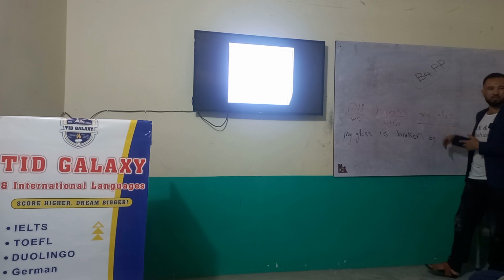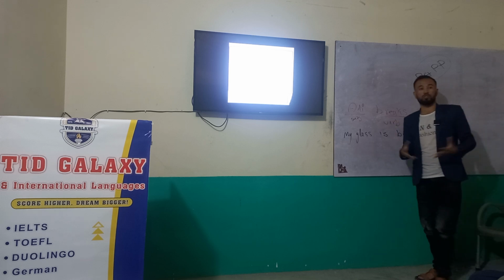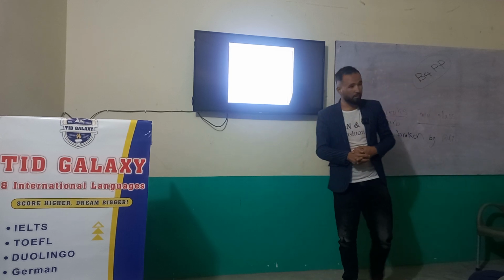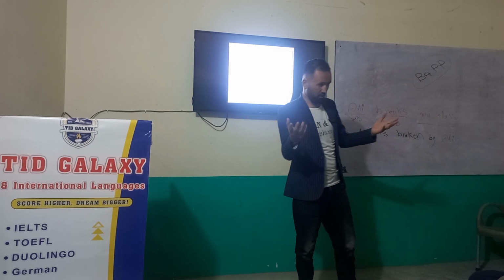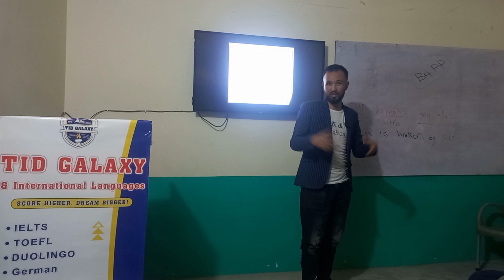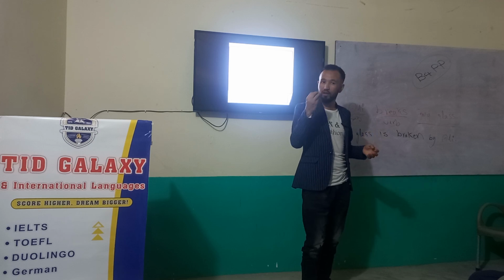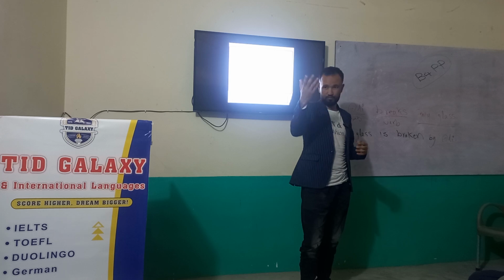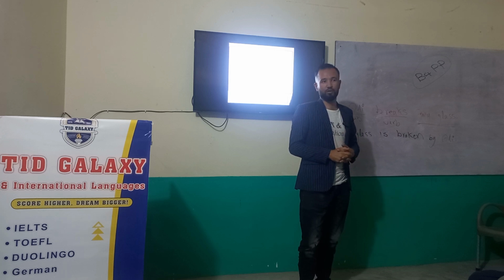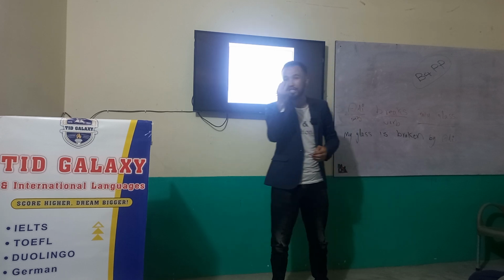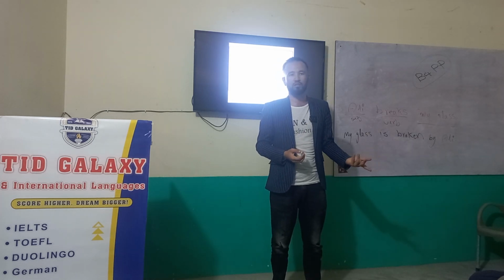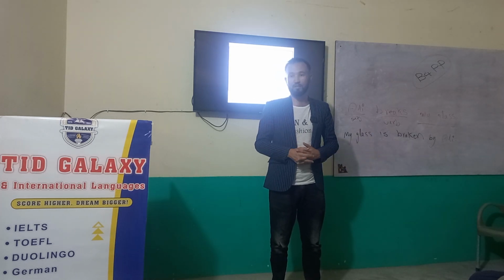Your glass is important because, for example, Sakina gave it to you, so it was a gift. That is why you should say my glass was broken. Or maybe Khudadad gave you your gift. That is why your glass is important, not the doer of an action. That is why you can use passive voices.